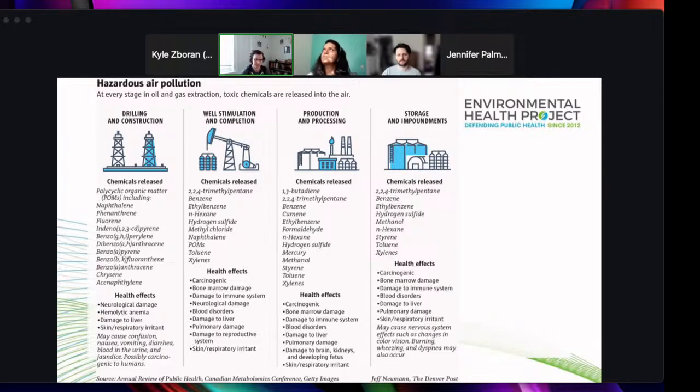So the second tool that we're going to be showing today, Jackson's going to be showing the compounds of concern tool, which really tries to make the data related to the public health impact of these many different compounds accessible and easy to access and parse for folks that aren't doing this kind of work day in, day out like we are.